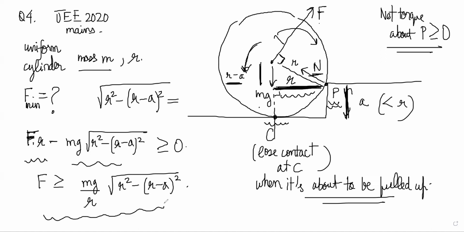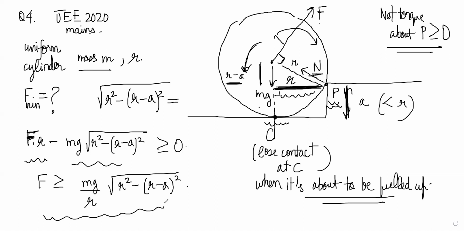The main idea to realize is that in toppling the body will lose contact through other points and it will be turning about one single point. The normal forces have to act through that point, and the torque about that point has to be greater than or equal to 0 for toppling. So when you have a horizontal surface, the body has two options.